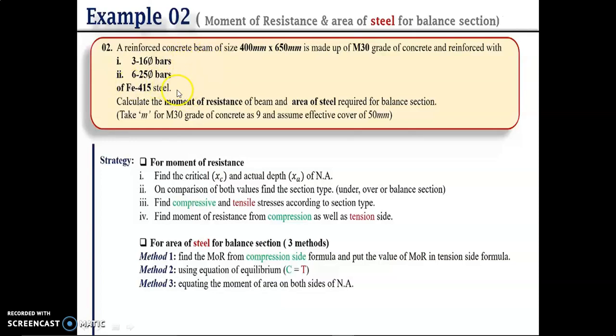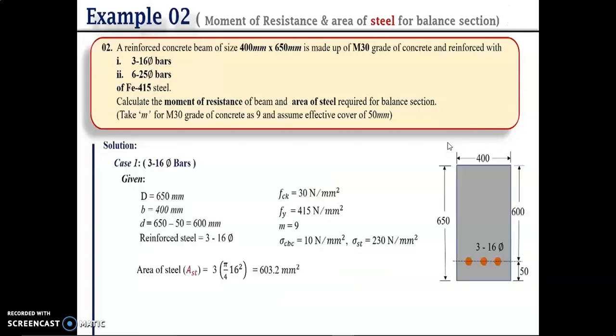The other questions and the area of steel for a balanced section you find yourself. This is your homework. This is the strategy you use for finding the area of steel and moment of resistance, so you have to follow this strategy for finding the solution. If you find any problem, then comment to me in the comment box.